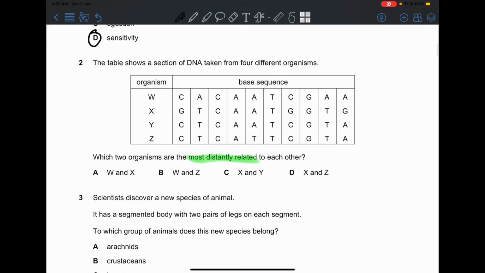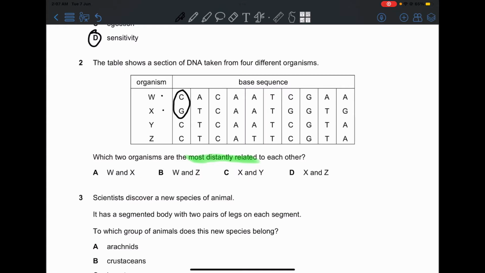Now over here, right off the bat, I can see that W and X are having some base sequence differences. And when the base sequence has a large number of differences, like over here in W and X, that means they are more distantly related. They're not closely related.